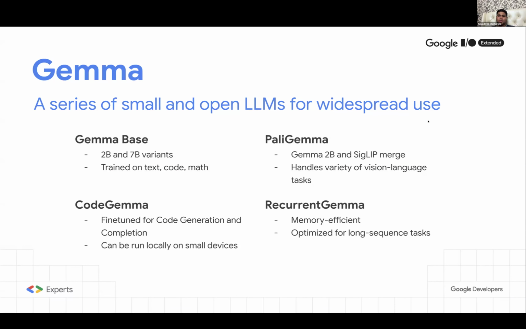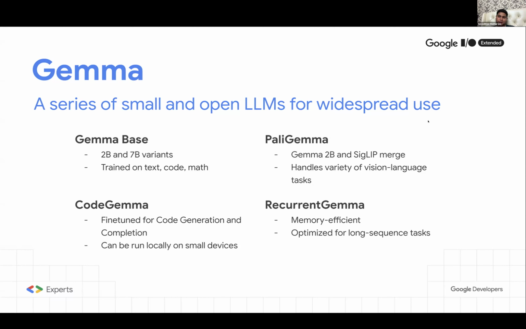But if you already are specifically focusing on code generation, or maybe something like visual language understanding, you can use the currently available fine-tunes out there for Gemma called PaliGemma and CodeGemma. Both of these models are already available, and they are meant to be fine-tuned further on the type of vision tasks or the code generation tasks that you're looking to perform.